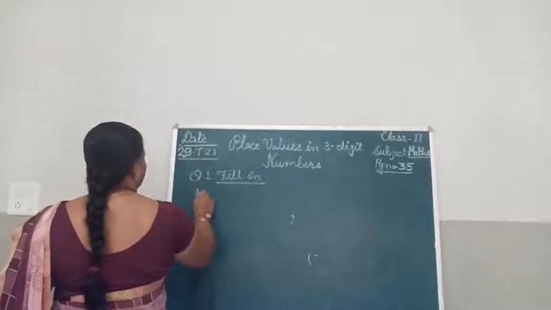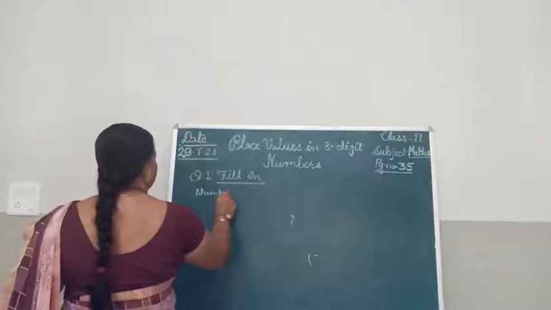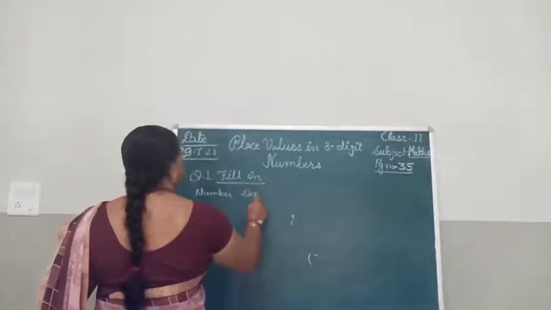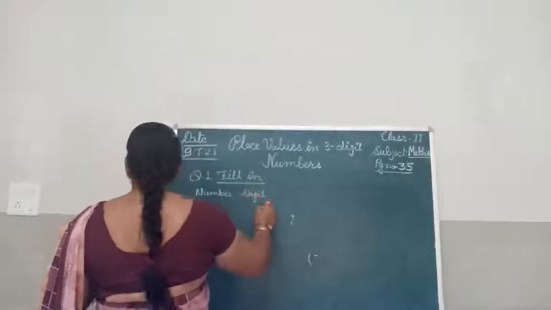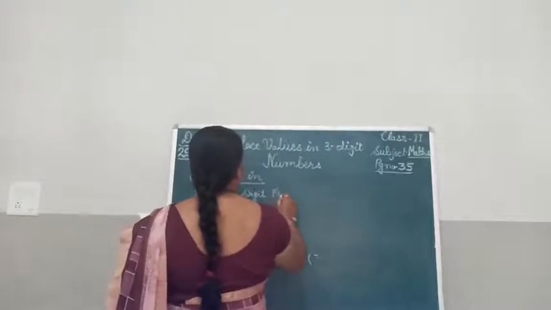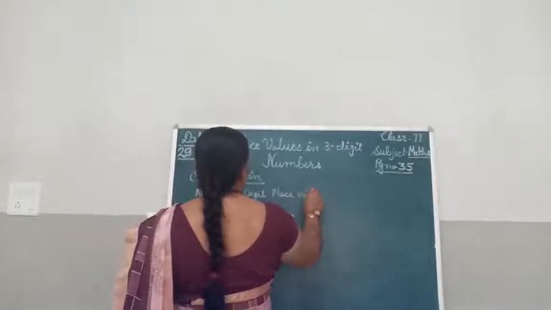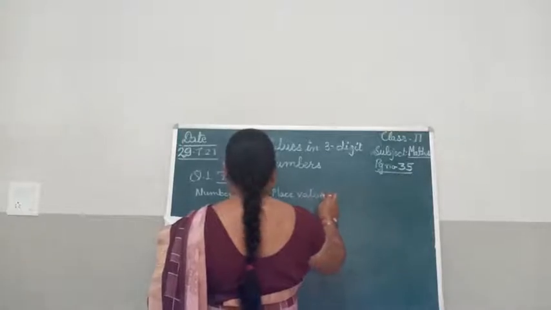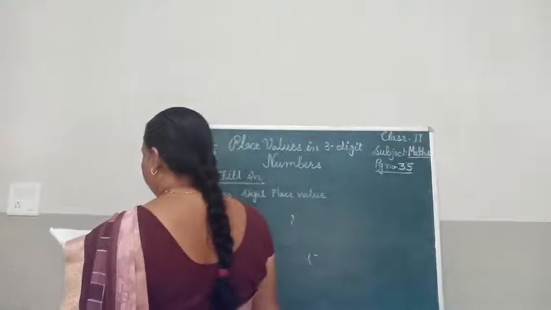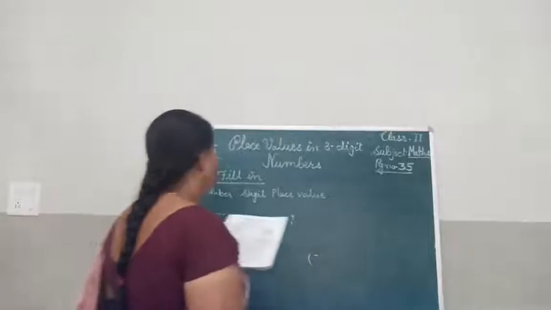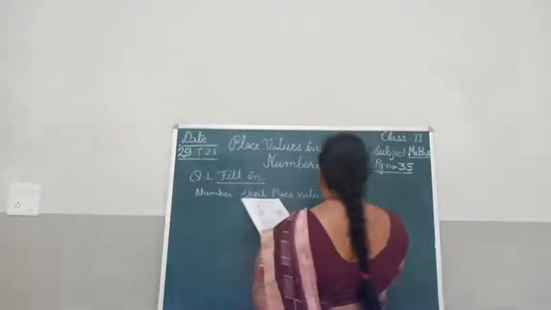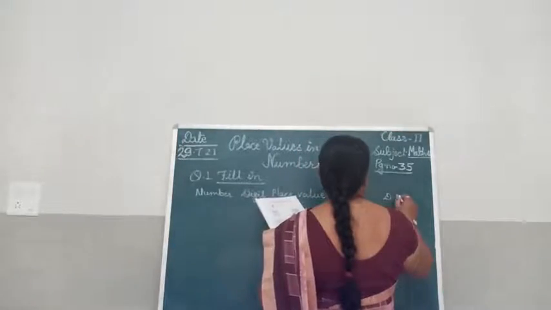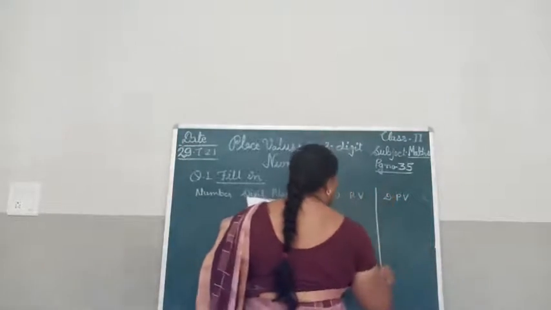Here it is the number, digit, place value, digit, place value, digit, place value. Here it is the table.